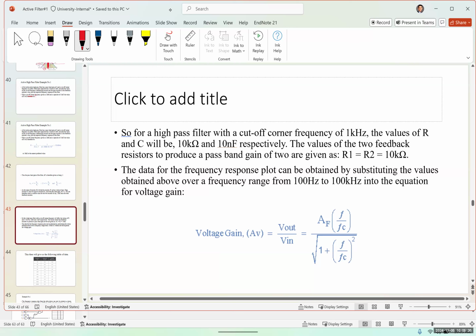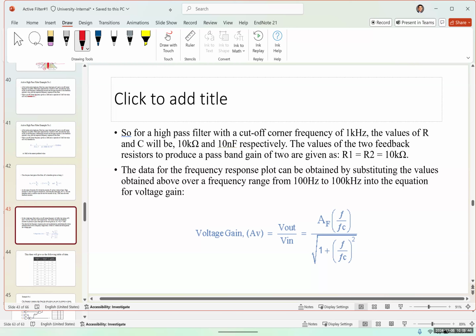So for a high pass filter with a cutoff corner frequency of 1 kilohertz, the value of R and C will be 10K and 10 nanofarad. The value of the 2 feedback resistors is going to be 10K both, or 100K both.